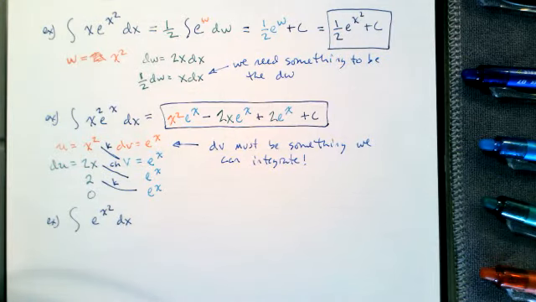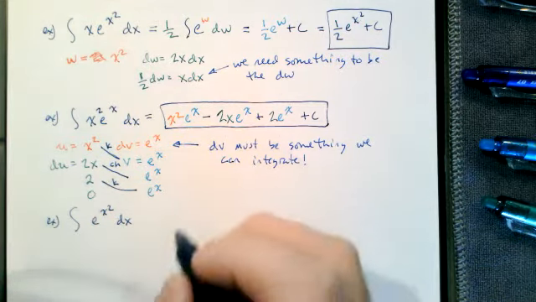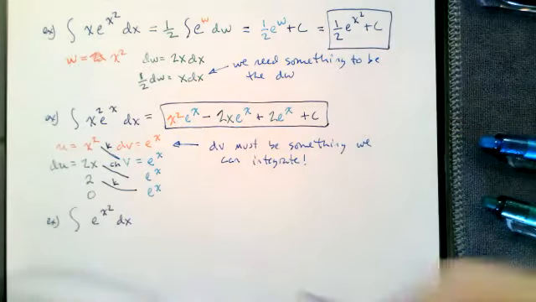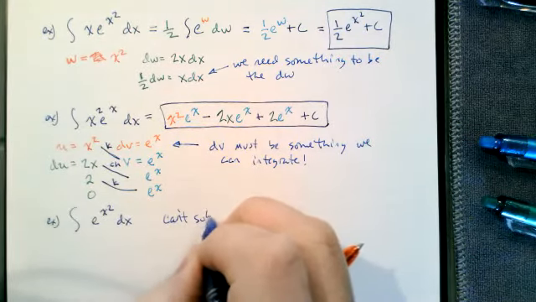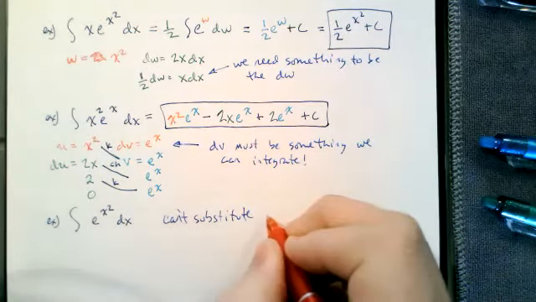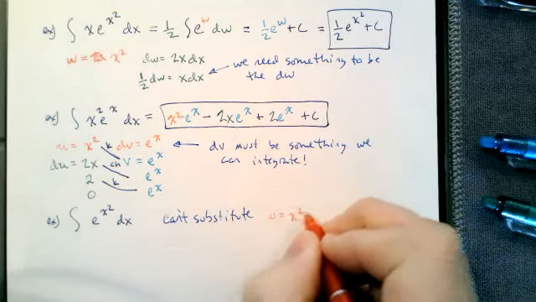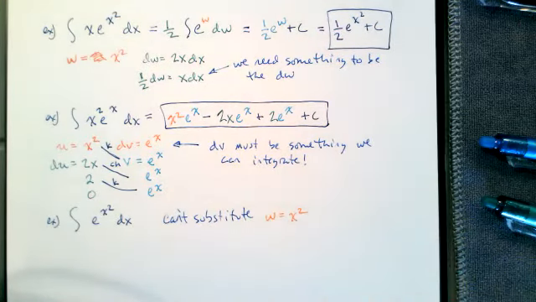That's how we want to think about this problem. So we can't make the substitution. We can't substitute w equals x squared because we don't have anything left to be the dw.